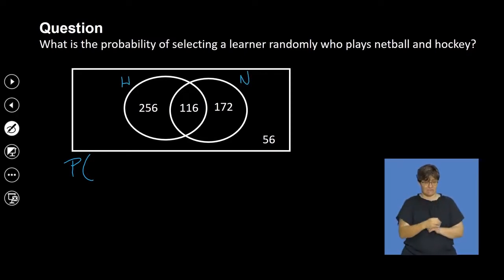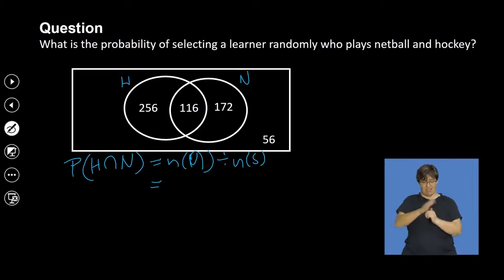We recognize the intersection of those two is going to be the number in the intersection divided by the number in the sample. And so it's not difficult to see that this is going to be 116 divided by 600, which was the total number.